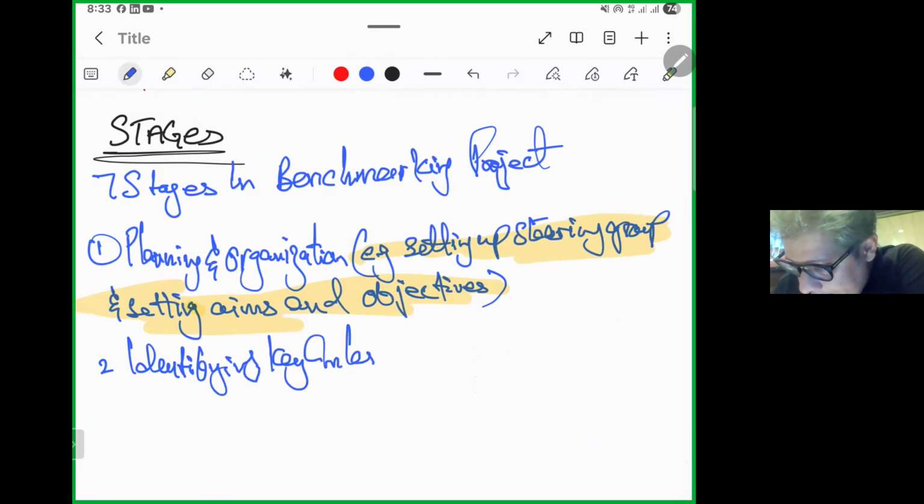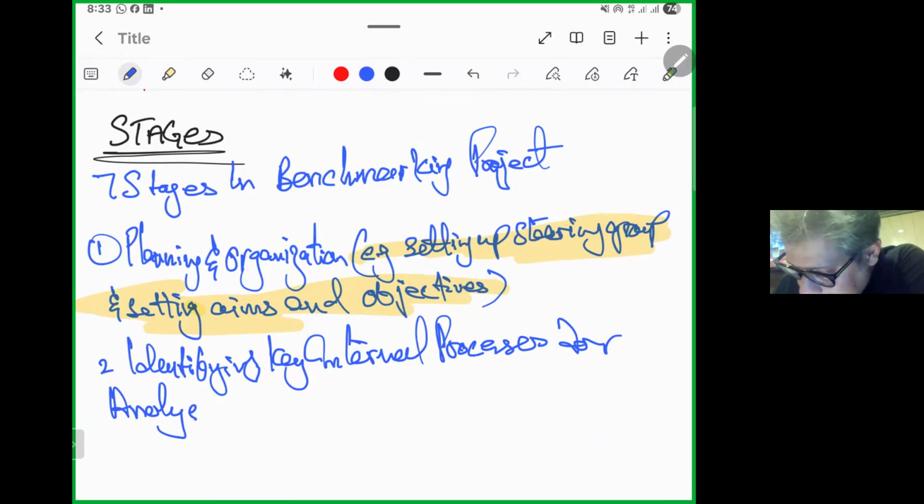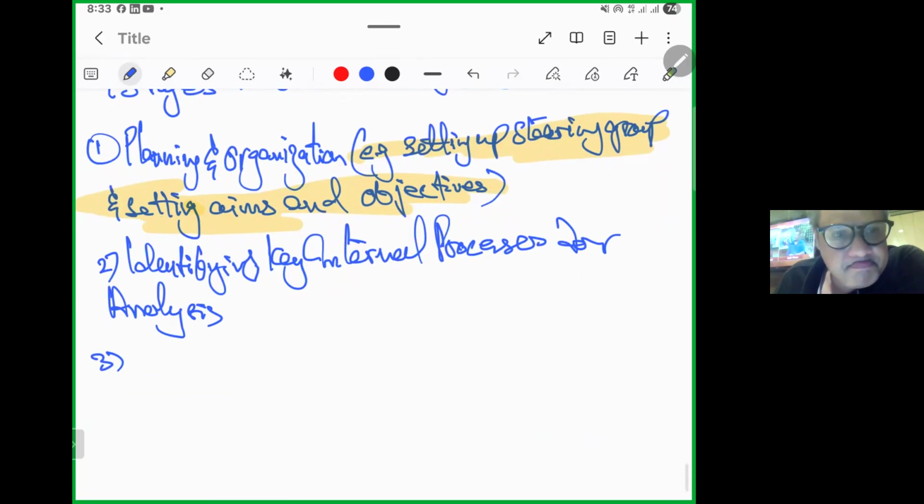Oh, not number three, actually, sorry. It's the second stage, which is identifying key internal processes for analysis.